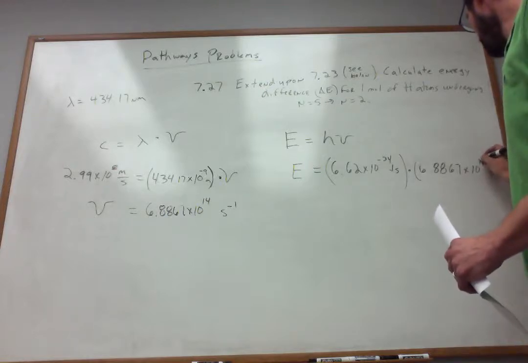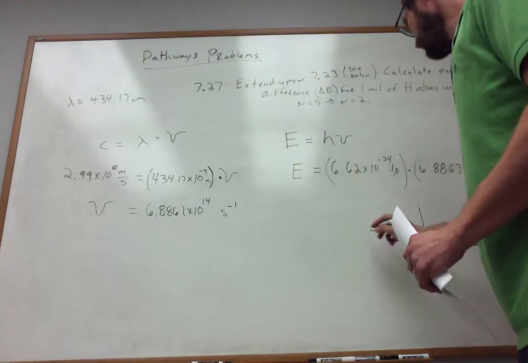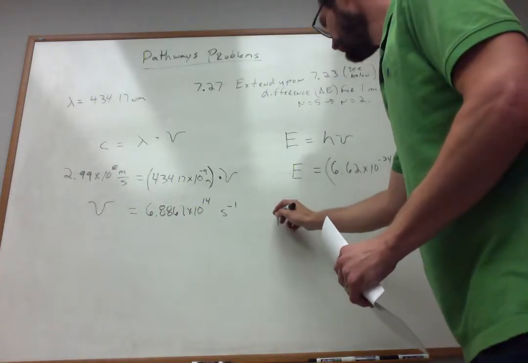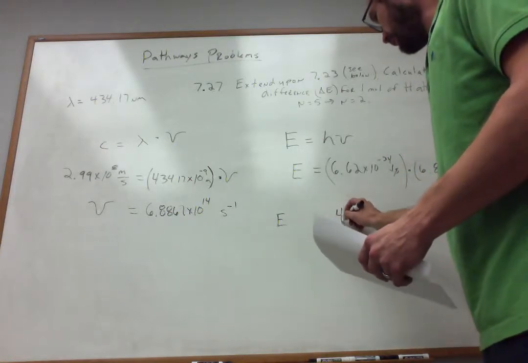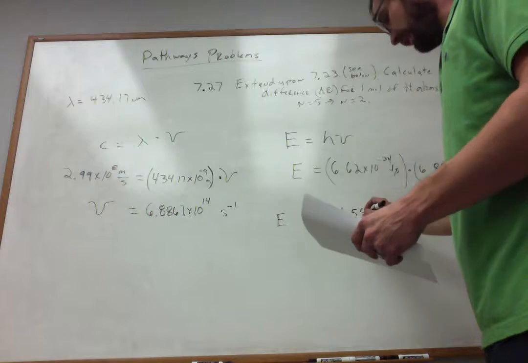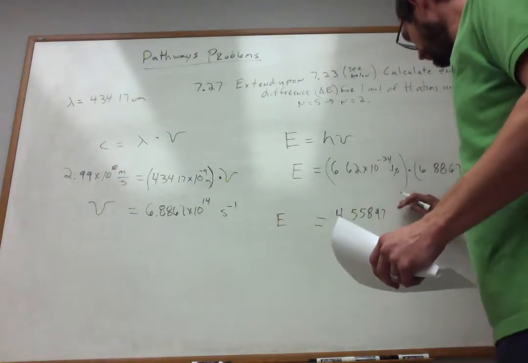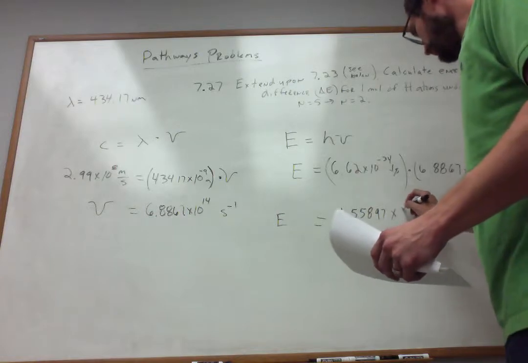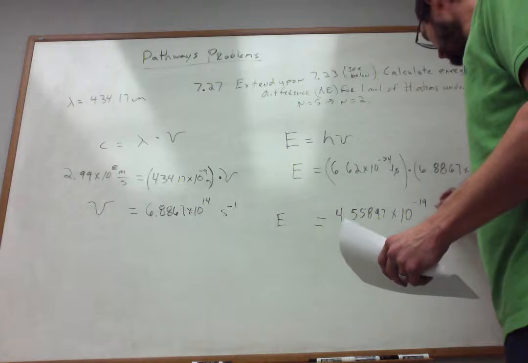Second units cancel, and I am left with an energy in joules, and that energy is 4.55897 times 10 to the minus 19 joules.